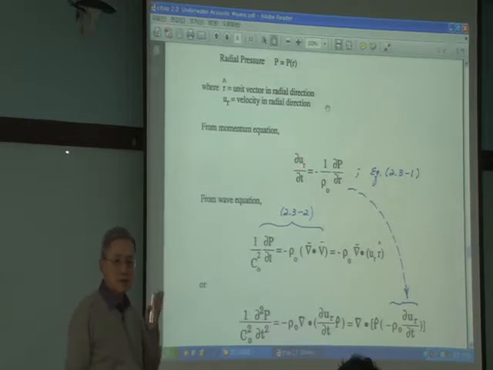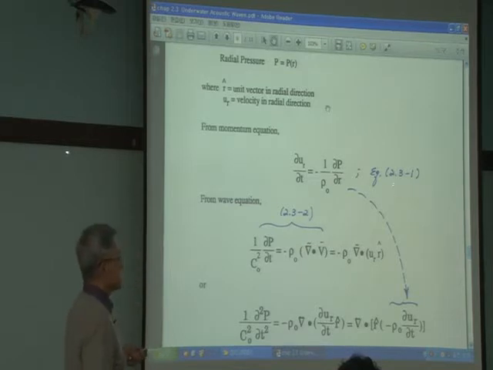Makes sense? If you look at page 2.3-1, it's there, and on the second page, 2.3-2, V is U_r r hat.